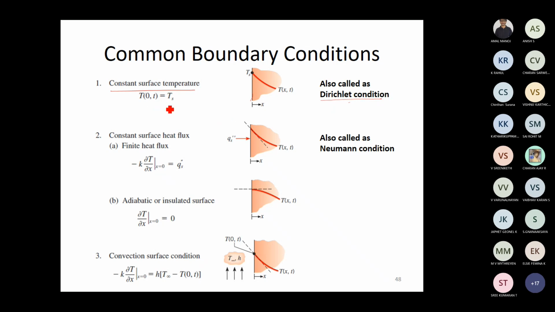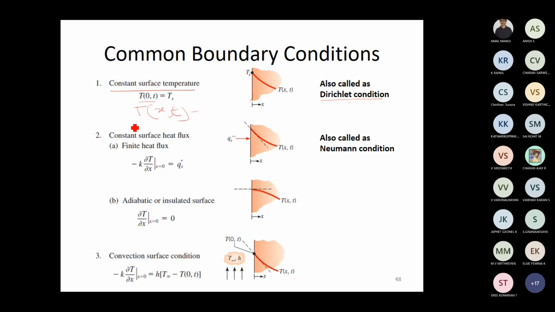So you can say mathematically this is represented as temperature at 0 and t, where t is time. I will write the general form: temperature as a function of x and t. This is the general temperature, a function of space and time.